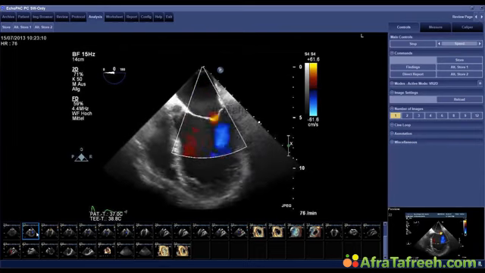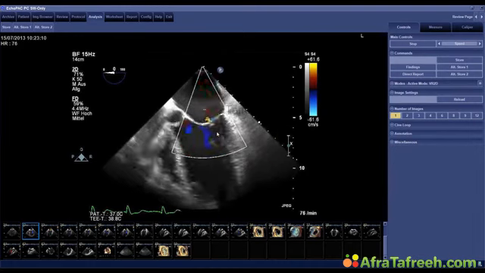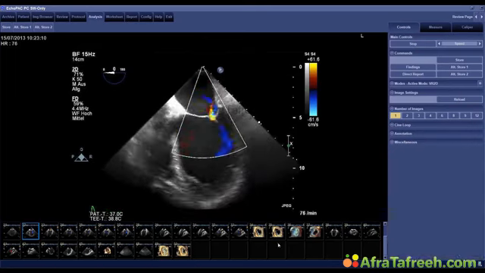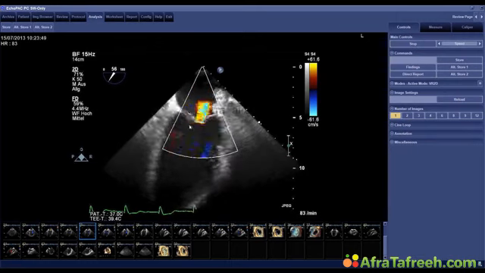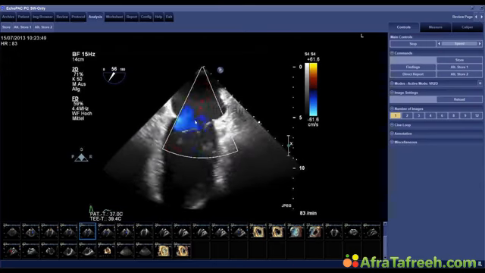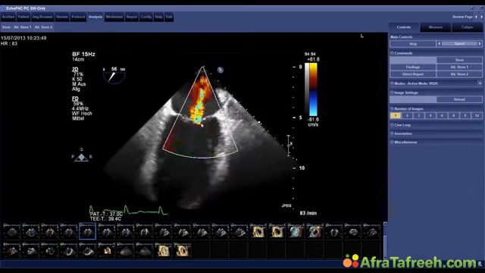And then we performed the TEE. In other words, the TEE that we're doing here now was done under completely dry circumstances. If you look at his mitral regurgitation now, it does not look as bad as it did before. Even in the two-chamber view, you see that this big, broad jet is now more or less several little jets which show some form of confluence.